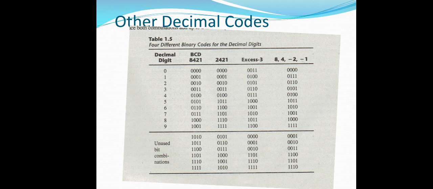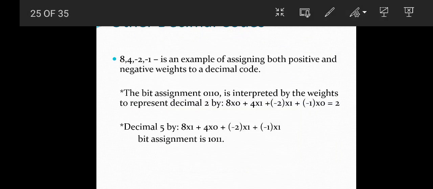So, how to get 6 using the weighted code 84, -2, -1? The 8 is not possible, it is 0. Plus 4. This one will serve as your -2 times 1, -2, and -1 times 0, 0. So, the result will be 2.